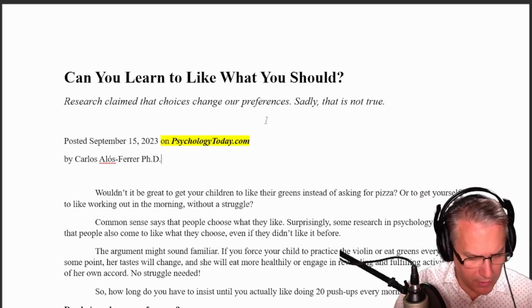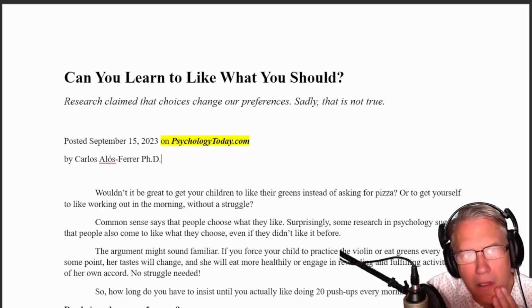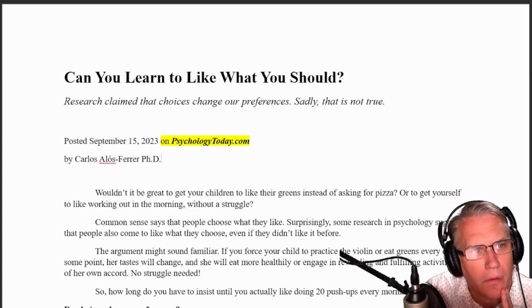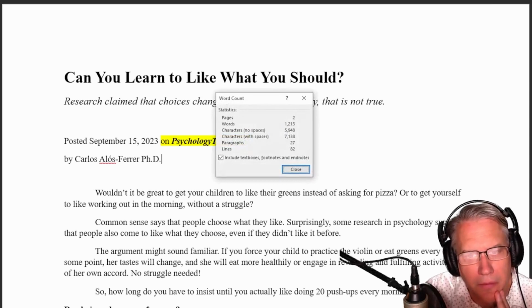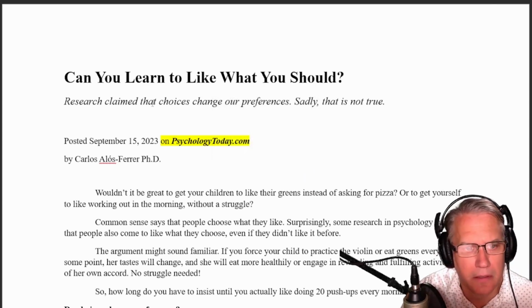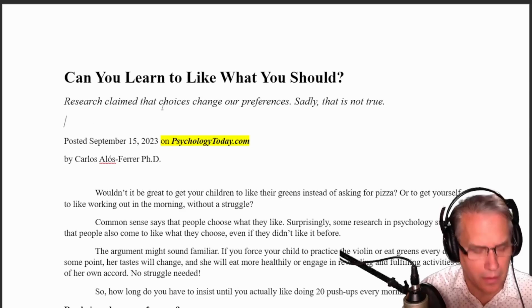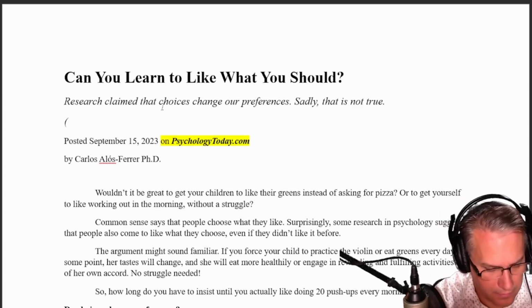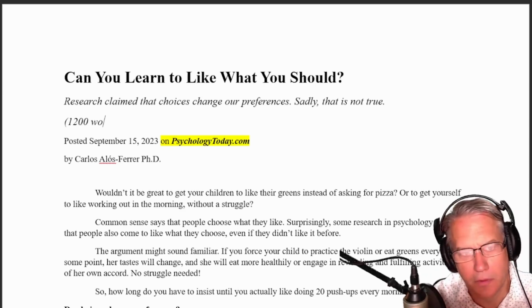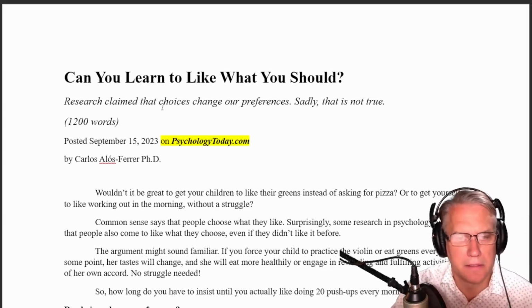Actually, you know what would be a good idea? Just to do a word count. What's our word count on this? So 1,200 words approximately. So maybe I'll put that somewhere here. We'll say 1,200 words. All right, excellent.